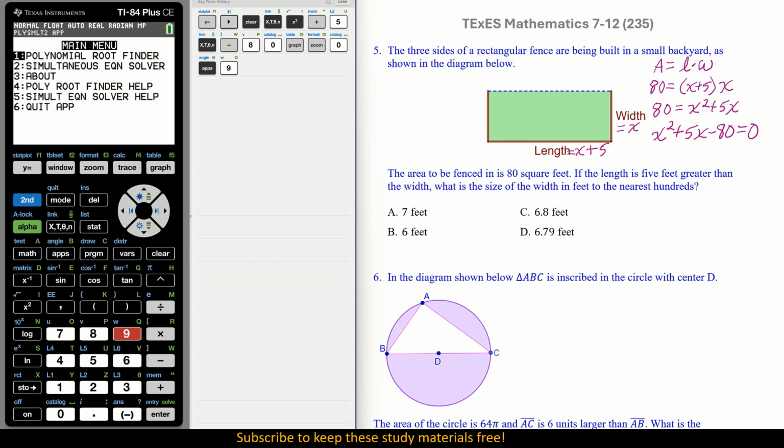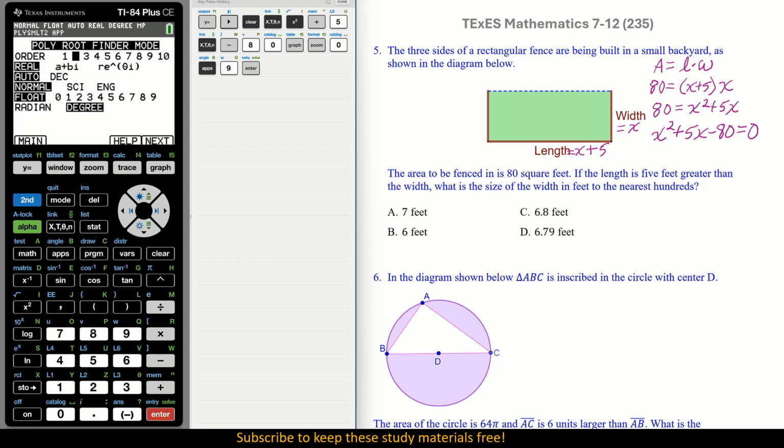So let's go to number 9. Okay, you saw what I did. I said apps, number 9, and now I've highlighted number 1. Push enter. We are still doing a quadratic equation, which means order 2. We do want the real, and we don't change anything else here. We want auto, and we're using real numbers because it's a fence. So we know that it's going to be in real numbers.